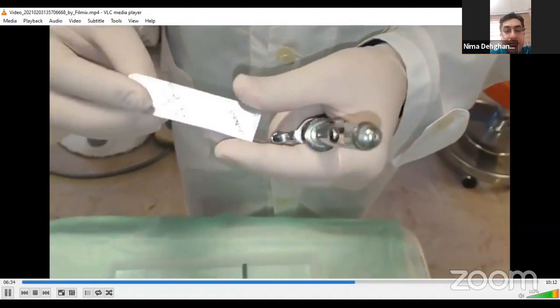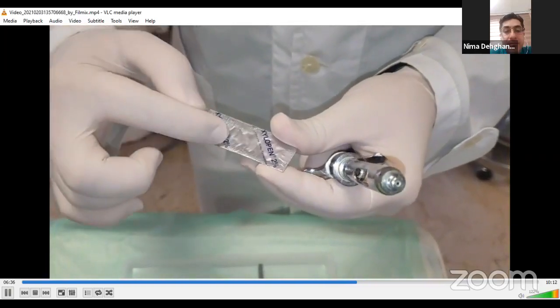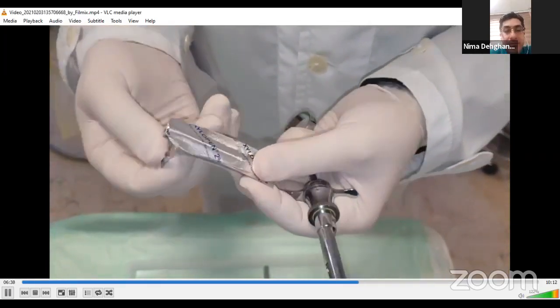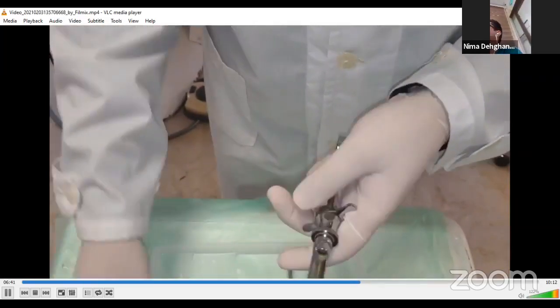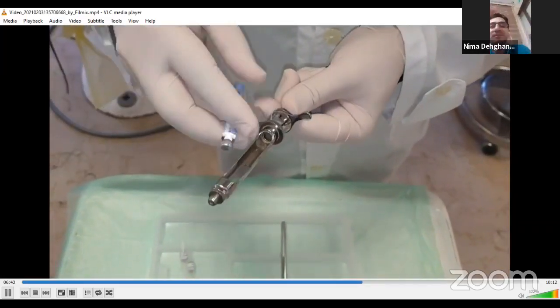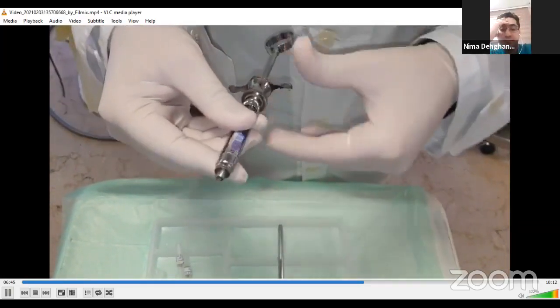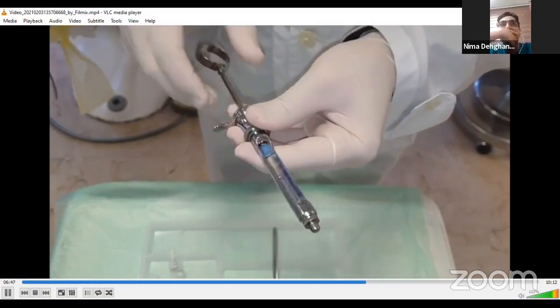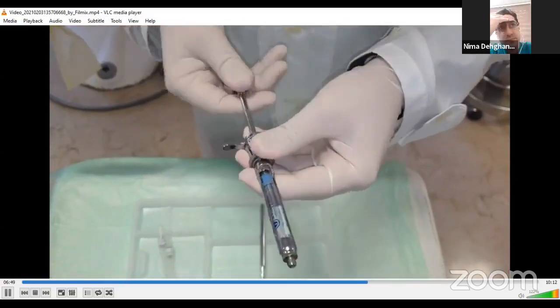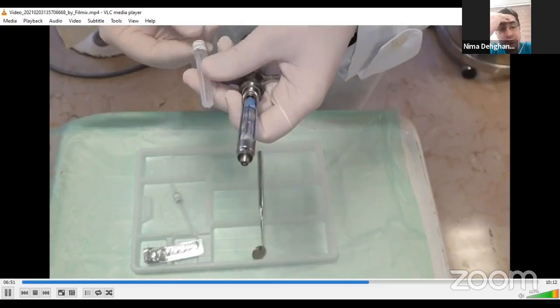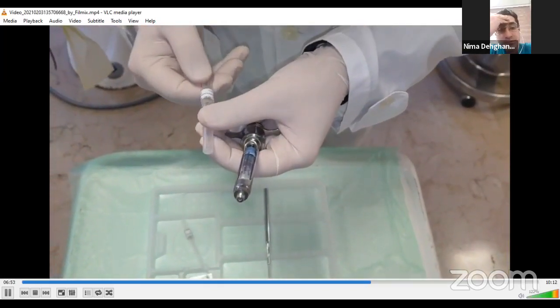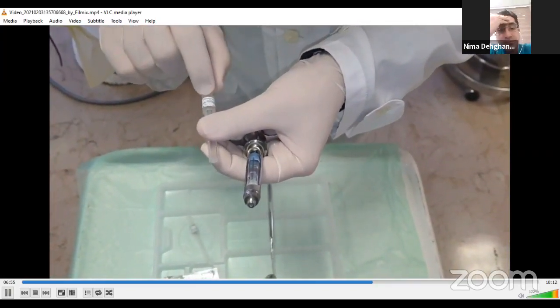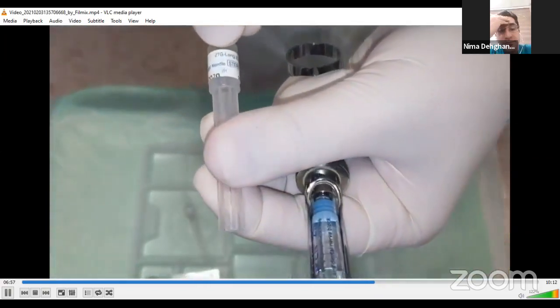Here I demonstrate the inferior alveolar nerve block for the next patient. I select the lidocaine for injection. I put the carpule in the syringe. I select the long needle, 27 gauge.